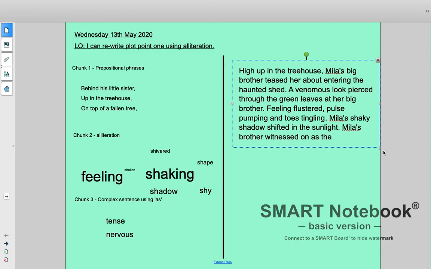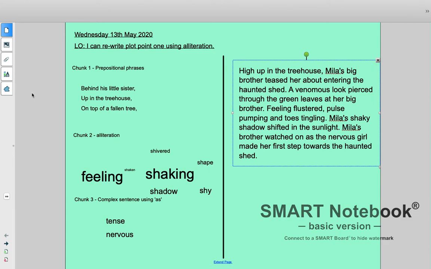Actually, I think that's quite a bit too formal. Witness, if you witness something, he's watching on. Well, he's watched on. Mila's brother watched on as the nervous girl made her first step towards the haunted shed. Now, there we are. I actually think I can improve nervous, okay? So I'm going to improve that word.